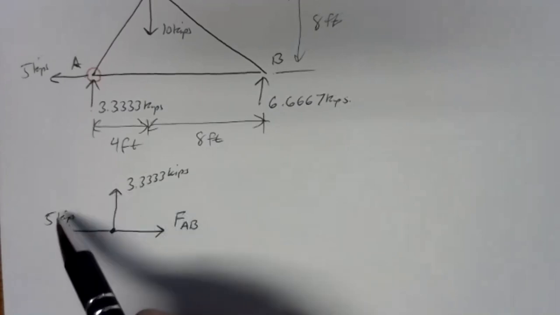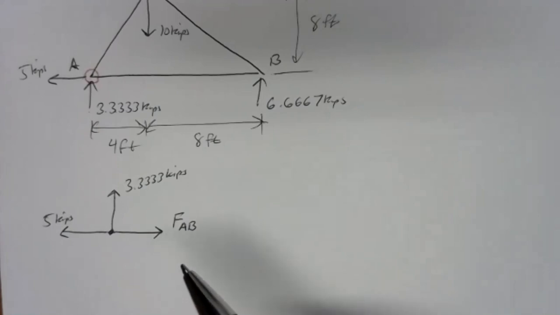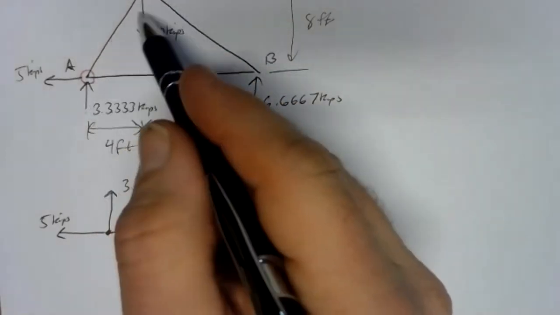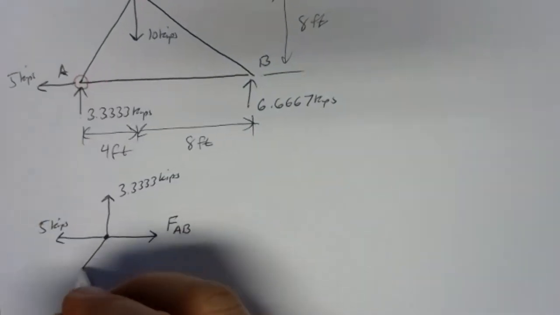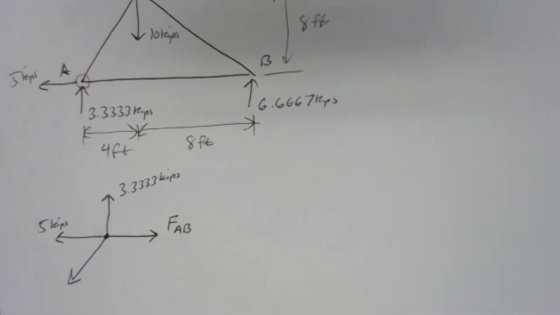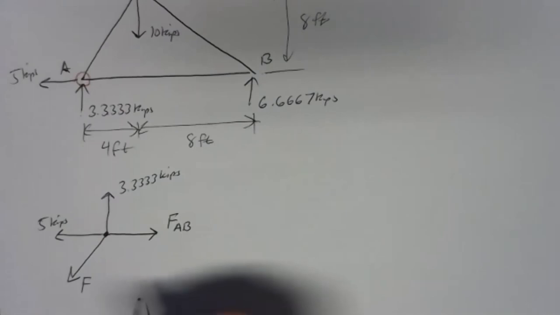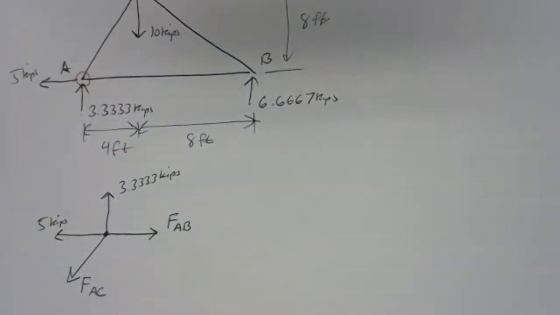So sometimes you can make a pretty good guess based on what your free body diagram looks like and what it has to be in order to be in equilibrium. So the only thing that would make sense here is that member AC is pushing on joint A, so it's going to have a force that looks something like that, and that's going to be F_AC, force due to member AC.